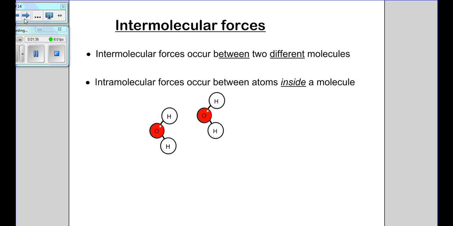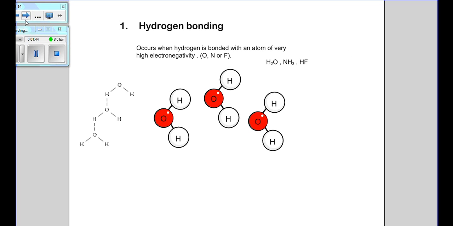Now, continuing, the first type of molecular force which we will be looking at, and that is the strongest intermolecular force, will be hydrogen bonding. Hydrogen bonding occurs when hydrogen is bonded with an atom of very high electronegativity. So oxygen, nitrogen, or fluorine are atoms that have a very high electronegativity.